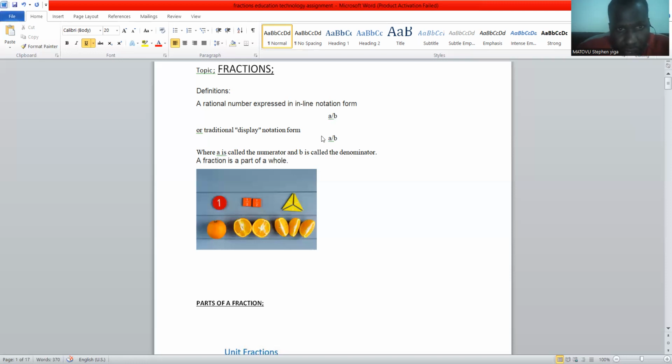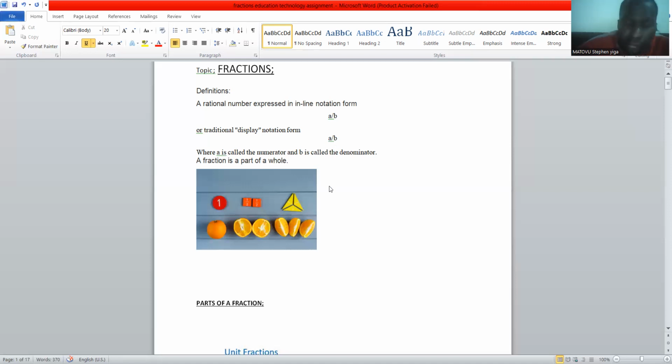So that's why we say A over B, whereby A is the numerator and B is called the denominator. Any number on top of a fraction is called a numerator, and the number below, the down number, is called a denominator. That's why we say that a rational number expressed in line notation form A over B is called a fraction.